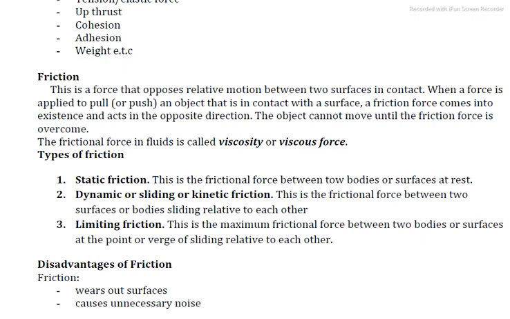When we look at types of friction, we have the static friction, that is the friction force between two bodies or surfaces at rest. Assuming we have a wooden block resting on the floor, the friction between the two is static friction.